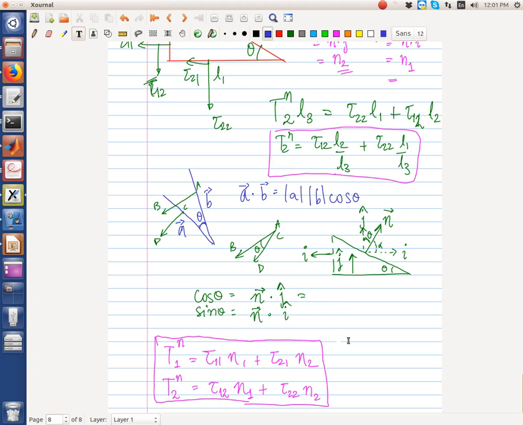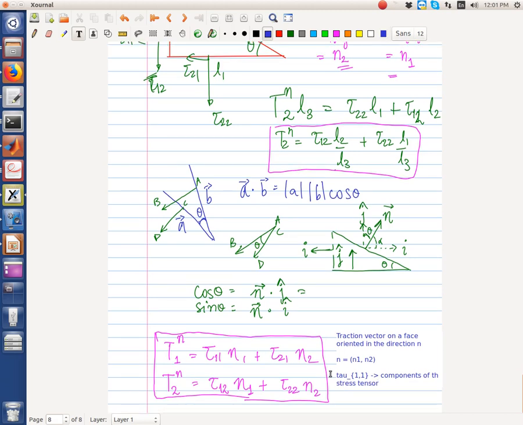So thus we have obtained the traction vector on a face oriented in the direction n, where n has the components n1 and n2, and tau 11 and so on are the components of the stress tensor. So essentially we have represented the force acting on the face.